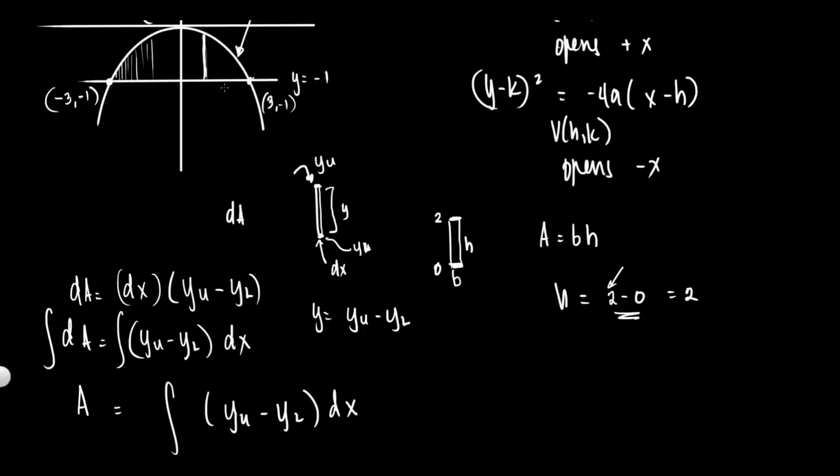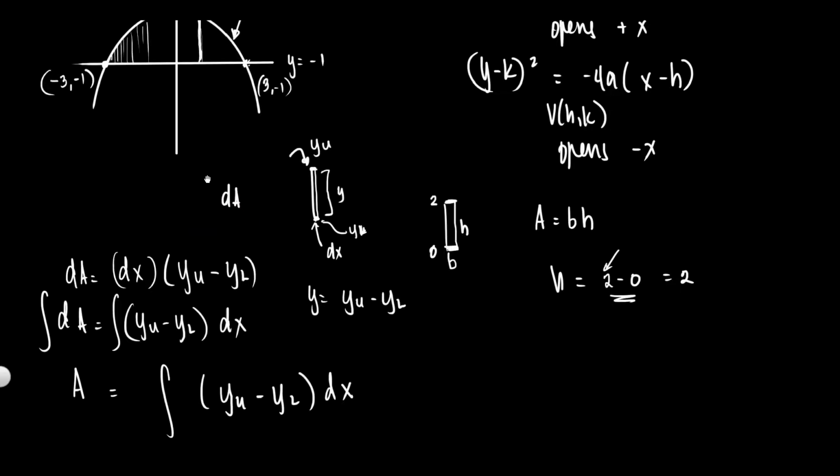Okay? So, ang kailangan natin is limits from this point to this point. Parang ibig sabihin, isipin mo itong rectangle na to, no? Maglalakad siya from this to this. So, from minus 3 to positive 3. Okay.